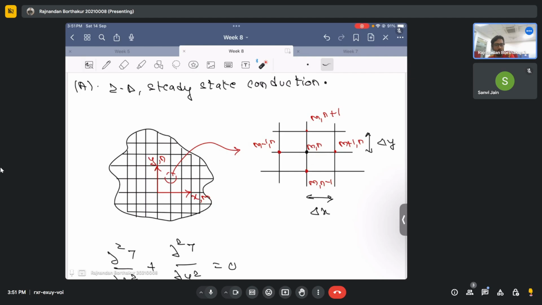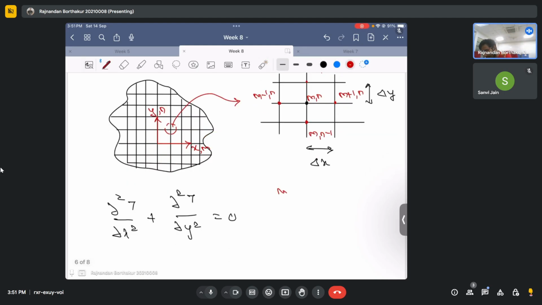So can you tell me what will be the total number of grids in this 2D space?